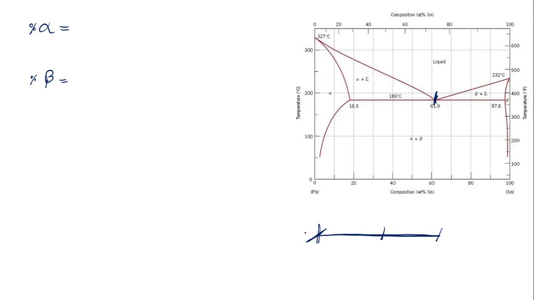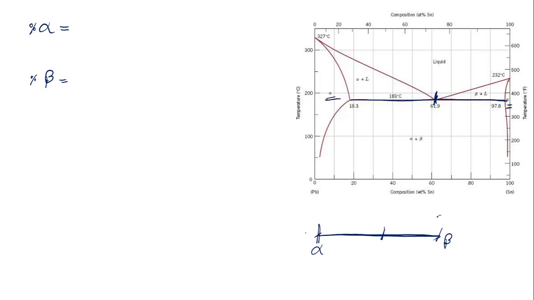Means if this point meets the alpha phase, then here it is pure alpha, no beta. Similarly, if this point touches the beta phase, then here no alpha. So in this diagram, this is basically the horizontal line. Okay, so here this side is pure alpha, and this side is pure beta.